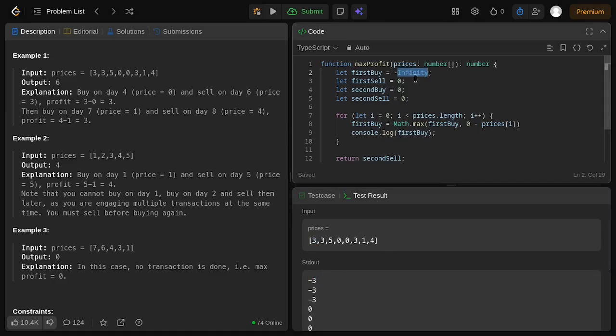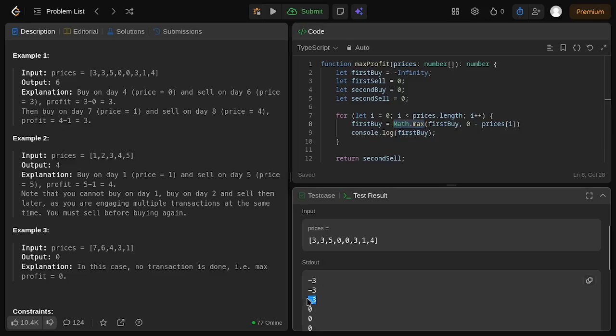Since it is negative infinity, of course Math.max will pick the latter instead of the former, because negative infinity is lower than negative 3, which is 0 subtracted by the current buying price right here on day 1. And we stayed at negative 3 instead of negative 5, because negative 5 is lower than negative 3. Hence the Math.max method is used right here.